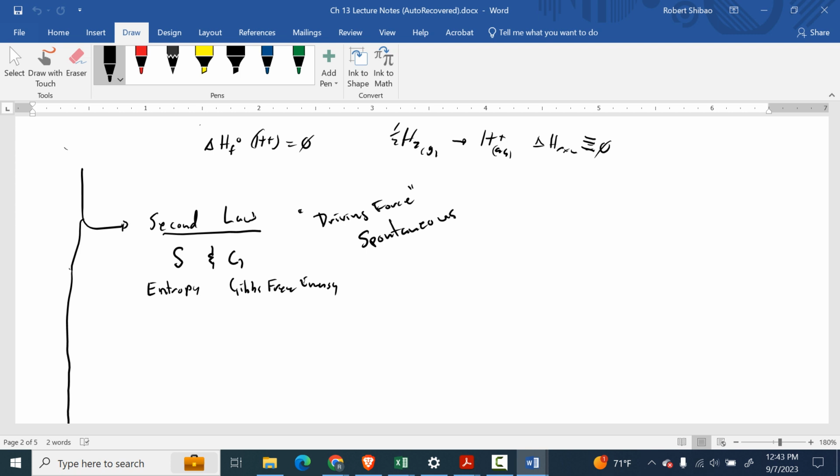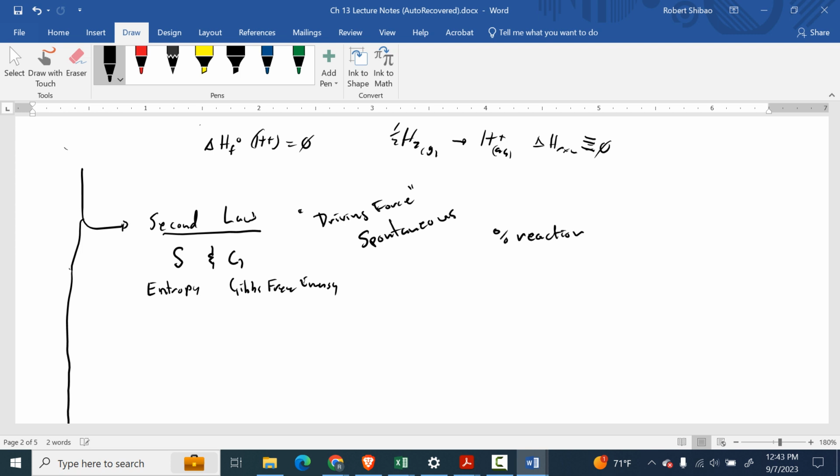So we already talked about driving forces. Driving forces are going from less stable to more stable. And if we're having that, less stable to more stable, we expect the reaction to occur. But when we look at driving forces, there are different degrees of driving force. So let's look at the percent reaction.